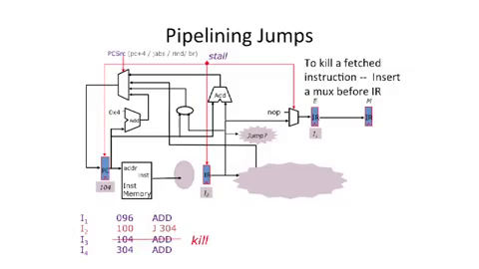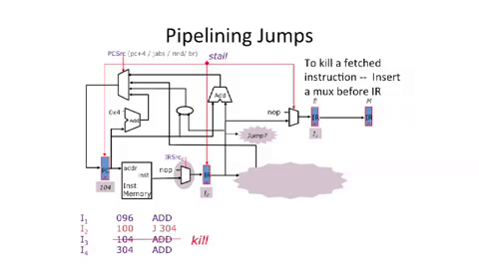Let's look at a brief example here. So we need some way to kill an instruction. And what we're going to do is add a multiplexer here, which will multiplex in a no-op.